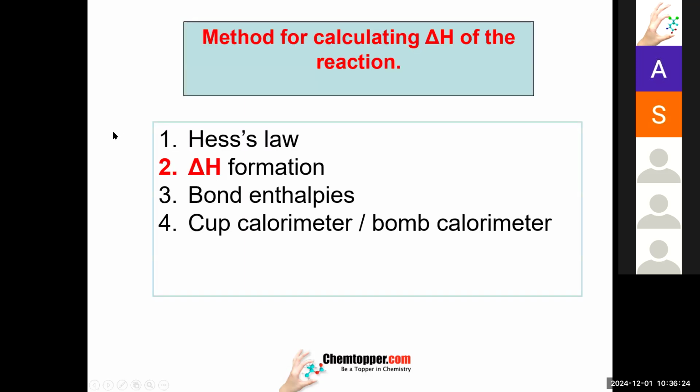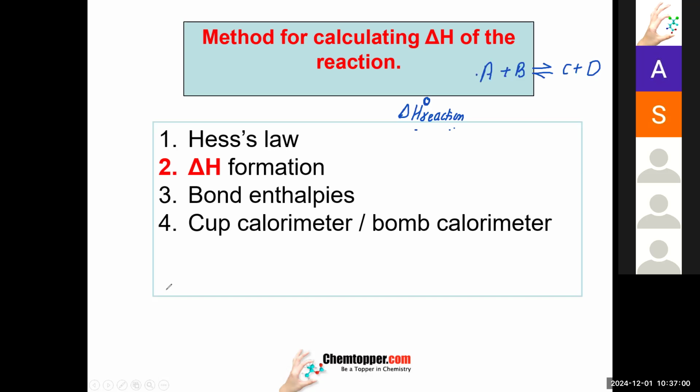Now comes the simplest part of this particular unit, unit 6, again calculations. This time you will be calculating delta H of the reaction. For any reaction like A reacting with B, giving you C and D, how to calculate delta H naught of the reaction?